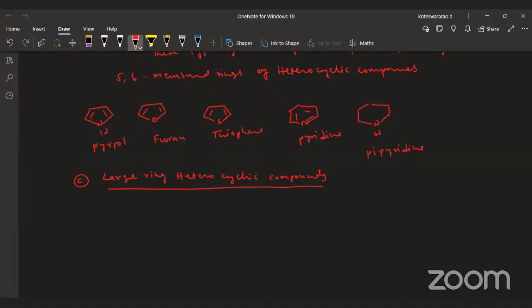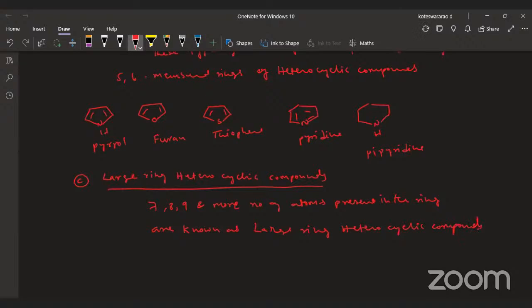Generally, this type of heterocyclic compounds containing 7, 8, 9 and more atoms present in the ring are known as large ring heterocyclic compounds.